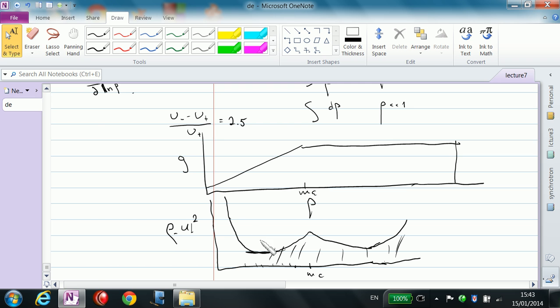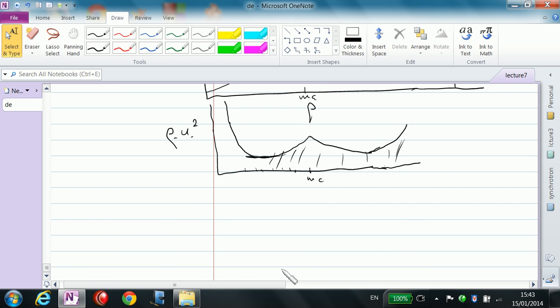Obviously the total area has to be less than 1 in these units. The total pressure has to be less than rho minus u minus squared. And everything else is determined by the solution to the equation and the boundary conditions and maximum energy and so forth. Alright, that's all I wanted to say about that.